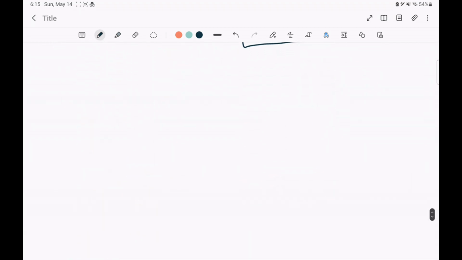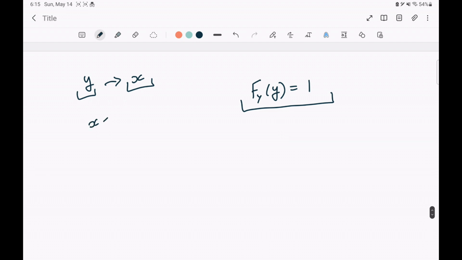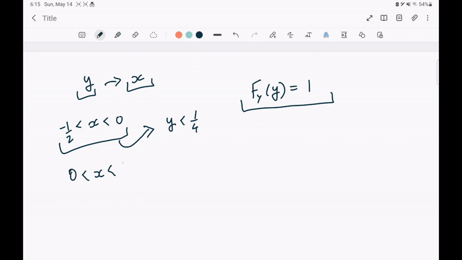For example, the range where small x is less than 0 and greater than minus half would be transformed to small y being less than 1 by 4. Similarly, the range less than half would also map to small y being less than 1 by 4. So you see, small y is having two ranges, so it's kind of symmetrical to the y-axis. Let's break it down in a simpler way.